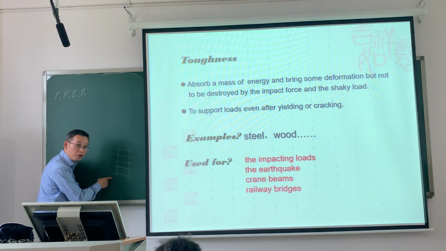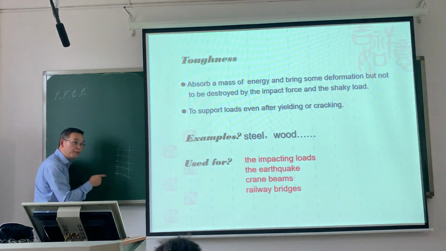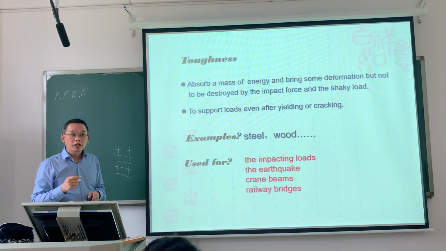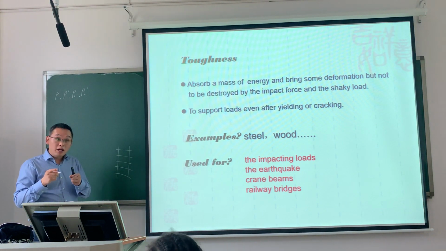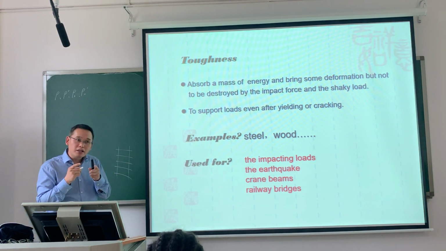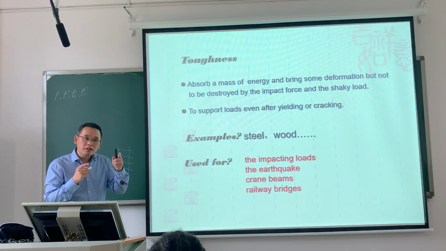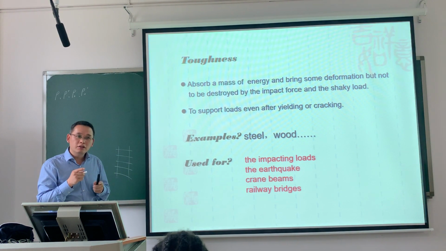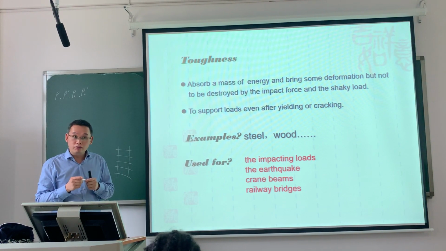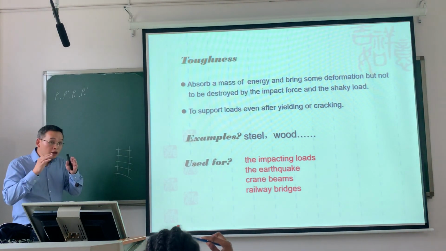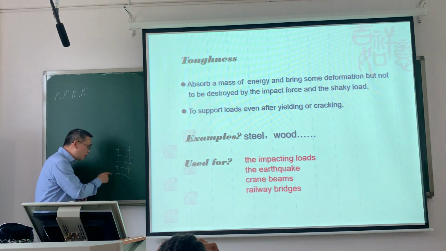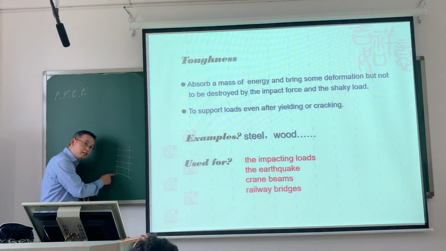So what kind of material is used in your country? Wood and also concrete. Nowadays they use concrete. But I have just learned concrete belongs to what? Breakage or toughness? Breakage. So if we only use the standard concrete, is it okay?